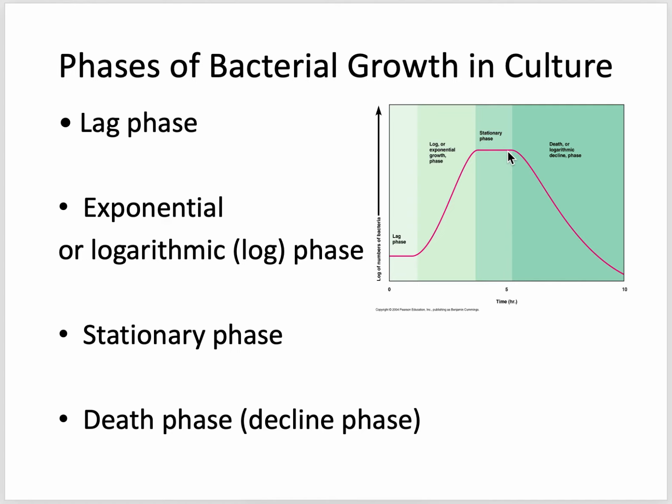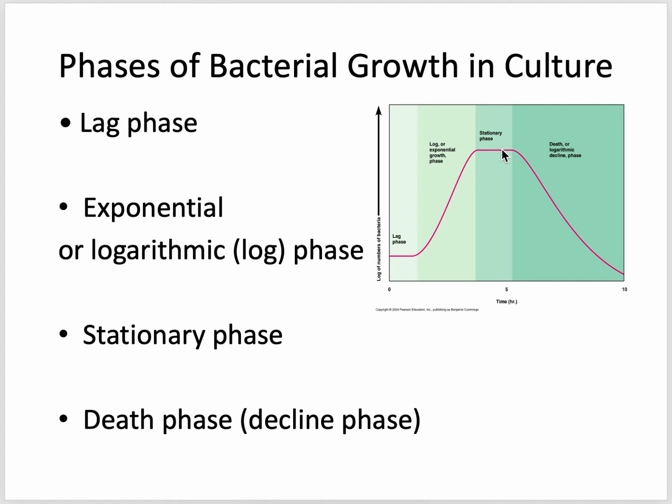Okay, now time will go. What happens eventually is that all the nutrition of the media will get depleted. There is no nutrition at all in the media, and the amount of toxic waste chemicals will be too much.